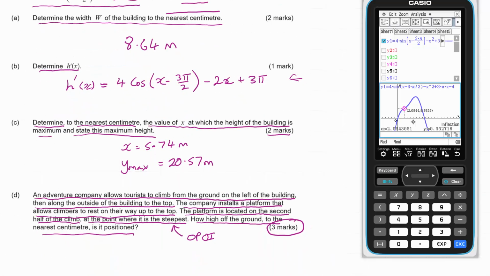So we're going to look for points of inflection, and I'm going to state that I've got one at 2.09, 9.35, but that doesn't look like the steepest part of the climb. I'm sure there's another inflection, and indeed there is, and that one is at 4.19, 15.33. It seems to fit the bill. It's in the second half of the climb, and it's steep there.